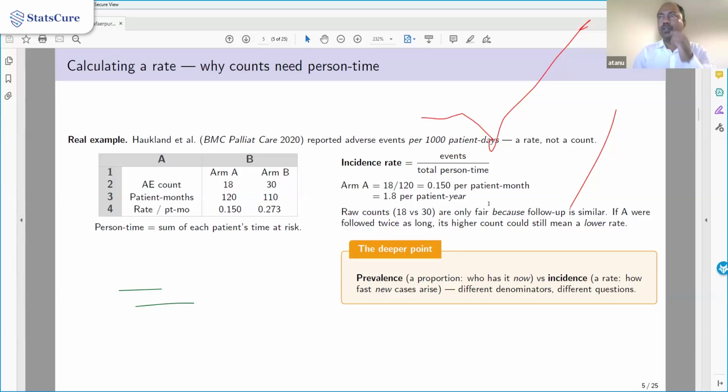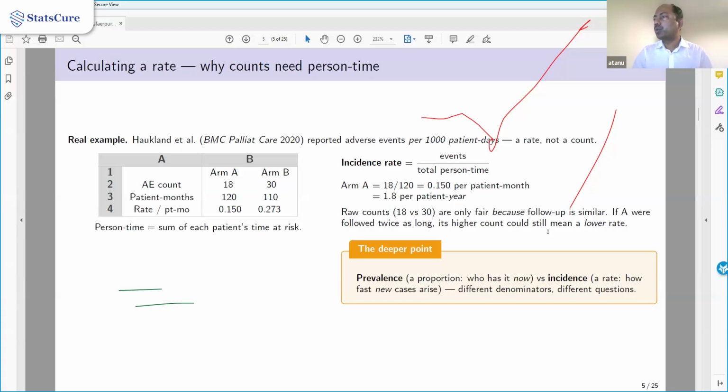If you see the raw count, obviously it is 18 versus 30, which is only fair if follow-up is similar. But if A were followed twice as long, its count could still mean a lower rate. Similarly, from incidence rate we can also calculate prevalence.